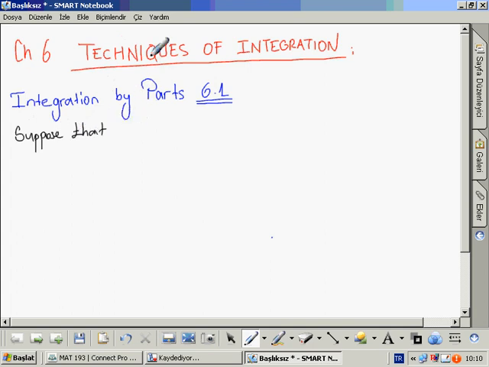Suppose that u of x and v of x are two differentiable functions.